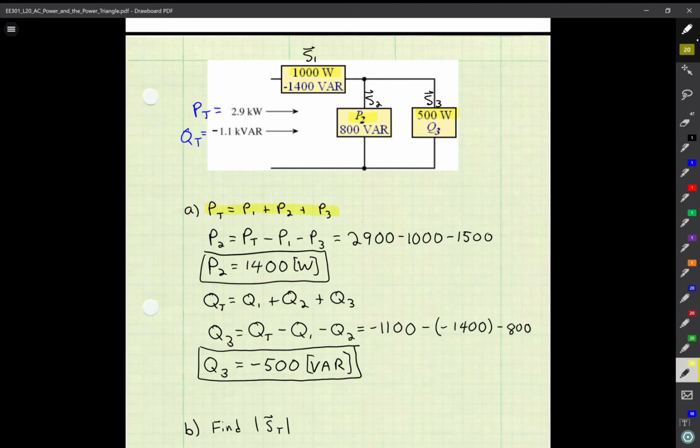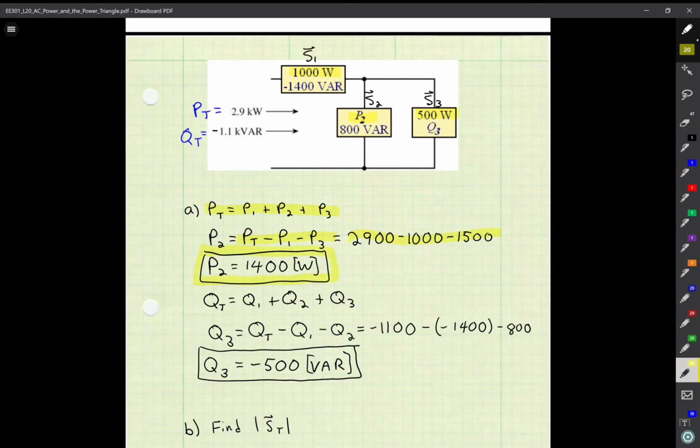So my equation is PT equals P1 plus P2 plus P3, and I just need to find P2, so I rewrite the equation, and by the values that are given, my answer is 1400 watts.